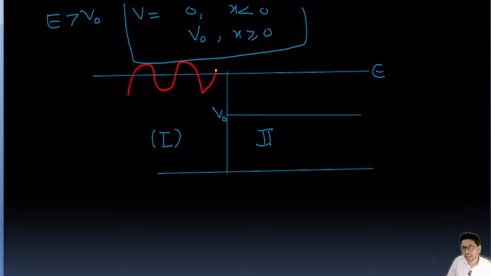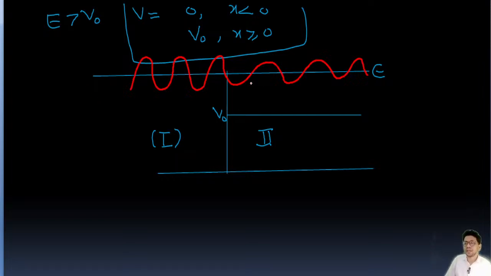The wave is coming like that, and it is going like this. Here we can see this is a potential barrier, right?